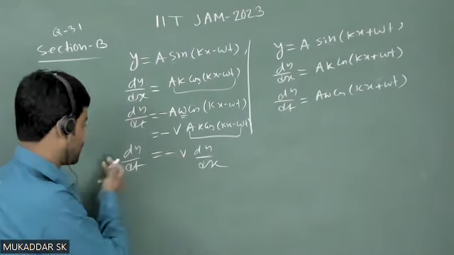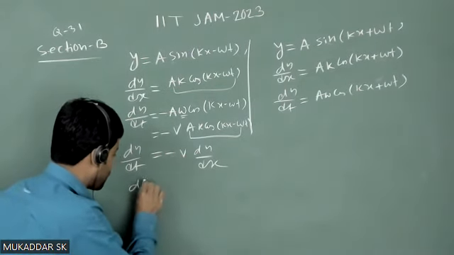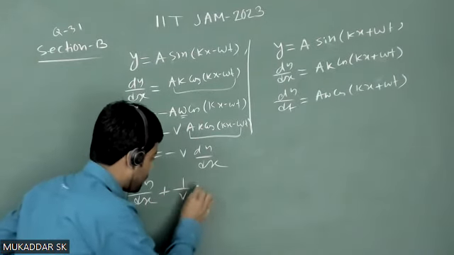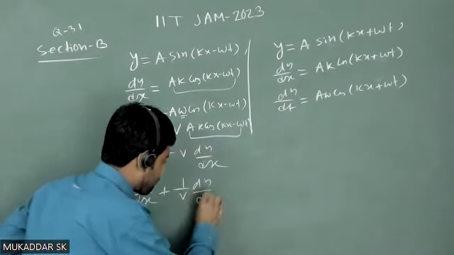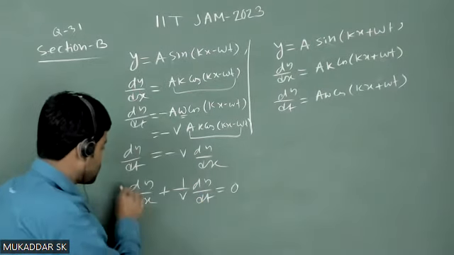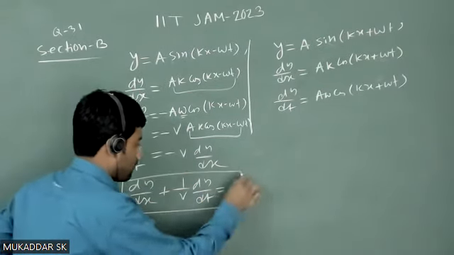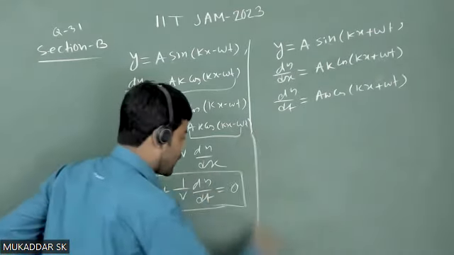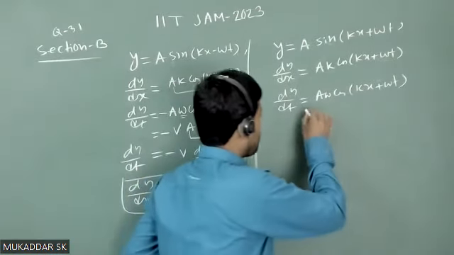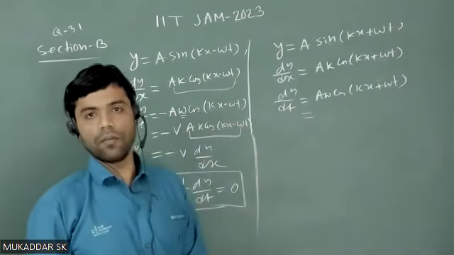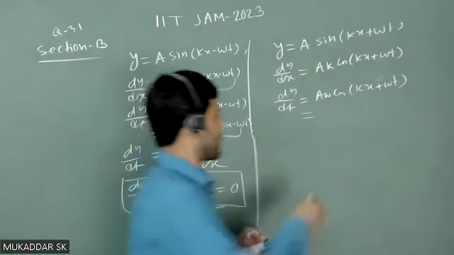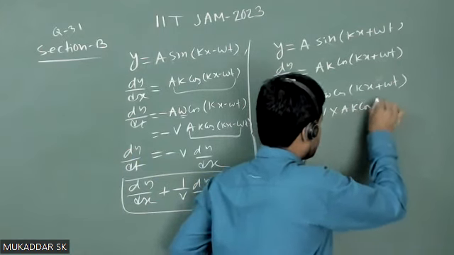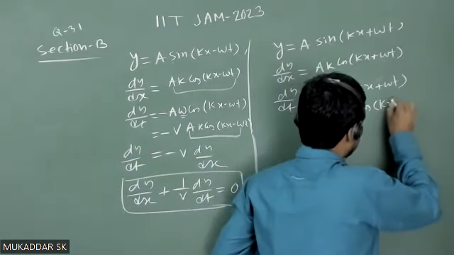Now if you bring minus v to this side, you will basically get dy by dx plus 1 by v dy by dt equals 0. So this wave I can describe like this when it is traveling along the positive x direction. I'll do the same thing here also. Again I'll substitute v into k in place of omega, keeping v as the first factor, then a into k into cosine of kx plus omega t.